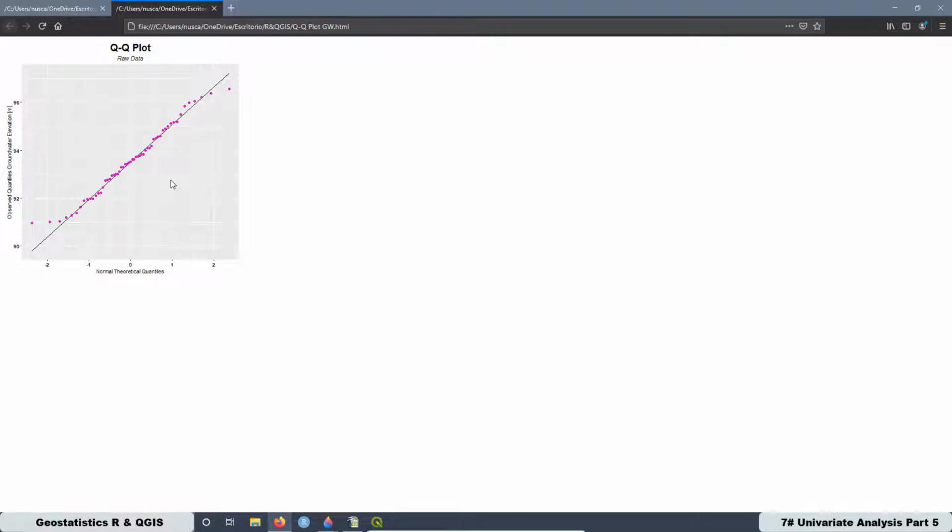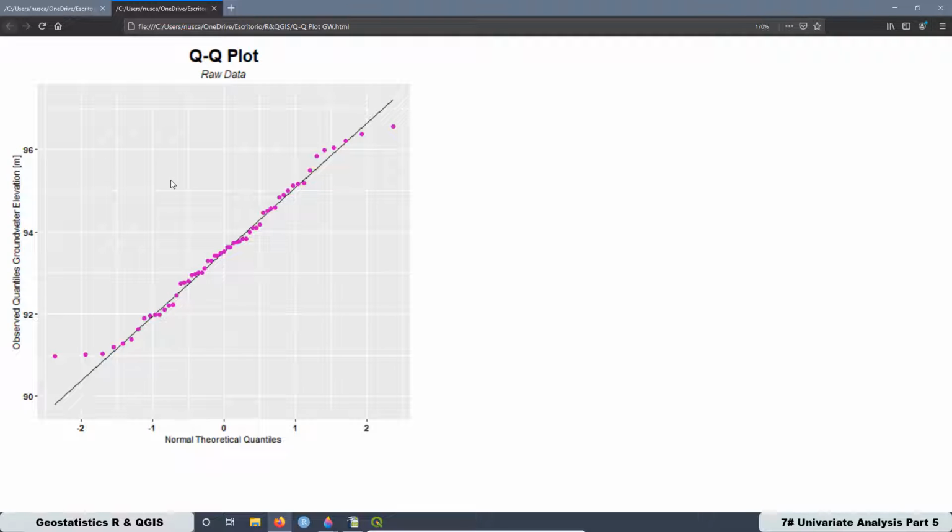Now we can see this one, and I'm going to make the screen bigger. In this case, we have the quantiles associated with the groundwater elevation in meters, and here we have the normal theoretical quantiles as in the other graph.